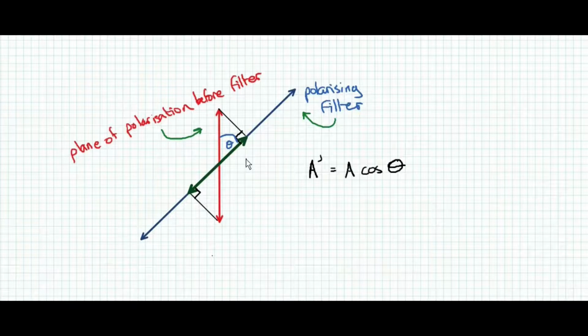And you can see from trigonometry that if the angle of the polarizing filter to the vertical is theta, and we have vertically plane polarized light before the filter, then A, the amplitude of the electric field variation, multiplied by cosine theta becomes this new amplitude of electric field variation. It's cosine because the original plane of polarization is the hypotenuse. Polarizing filters will always reduce the amplitude of the electric field variation.